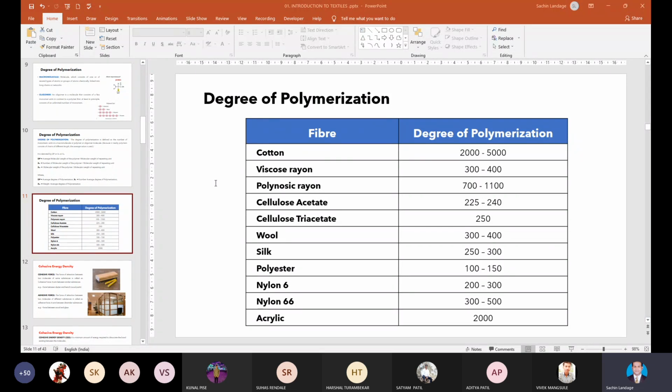Yes, sir. Now can you see? Yes. Now just check what you can see.